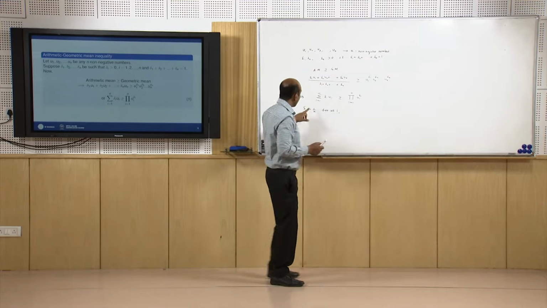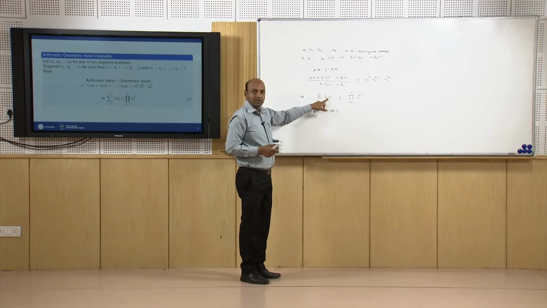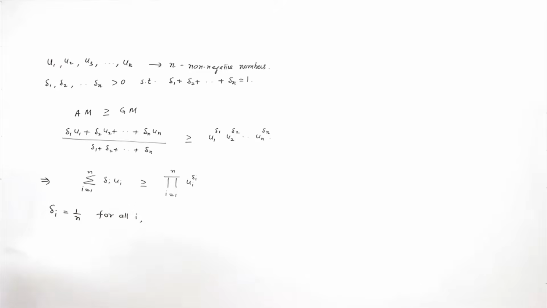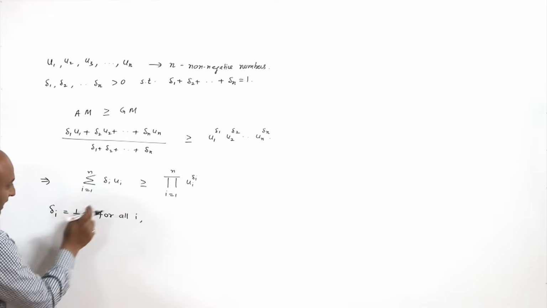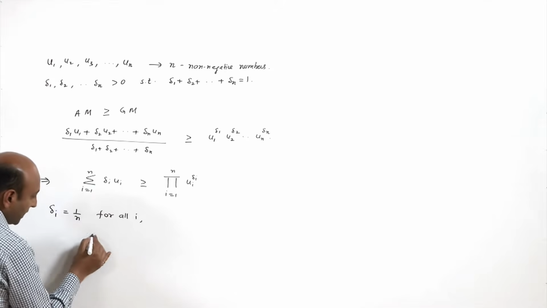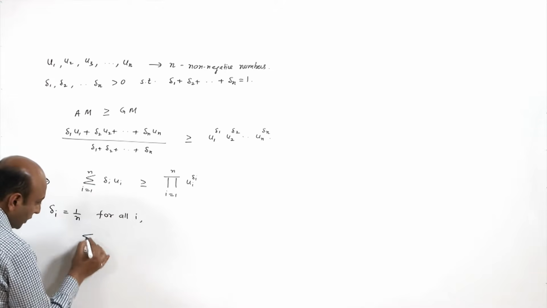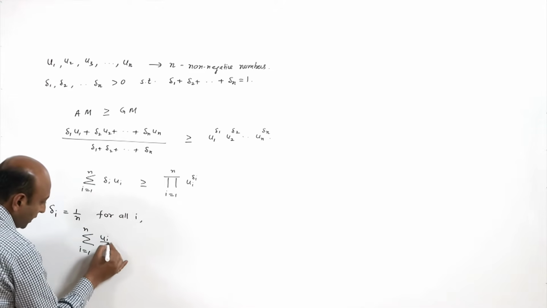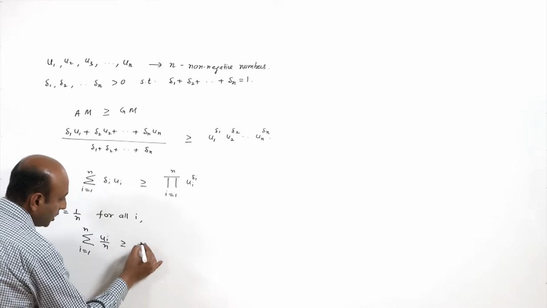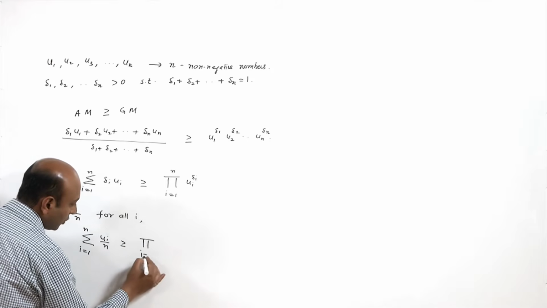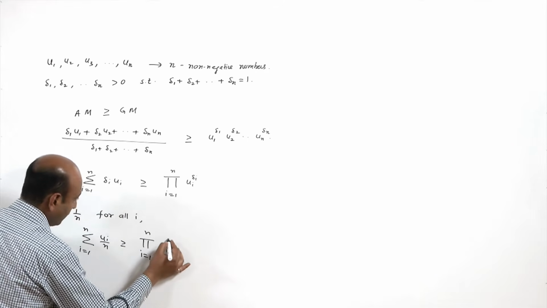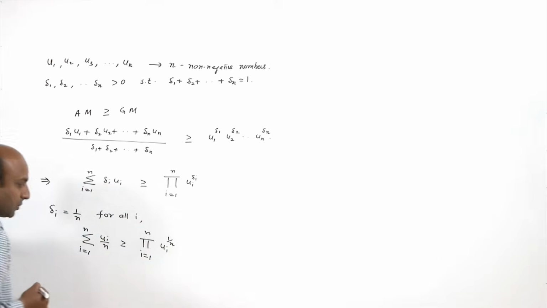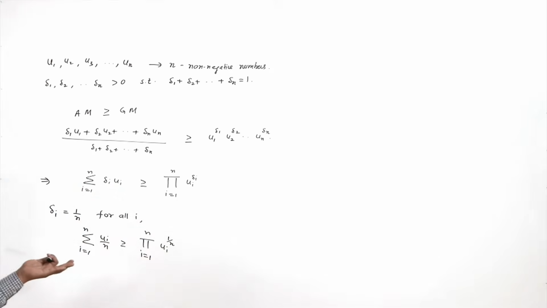For this delta I we can use the inequality. Substituting, we obtain the summation over I from 1 to n of ui upon n is greater than or equal to the product over I from 1 to n of ui raised to power 1 by n. So that is the simple arithmetic geometric inequality.